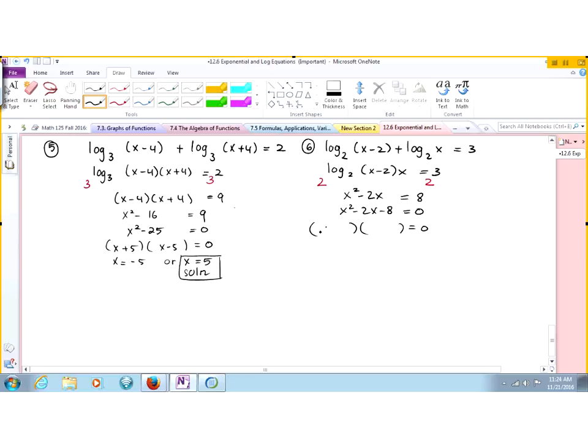Is it factorable? Yes. Or x is equal to -2. So let's see. 4 minus 2 is positive, and 4 also. So this is the solution. How about this -2? No.